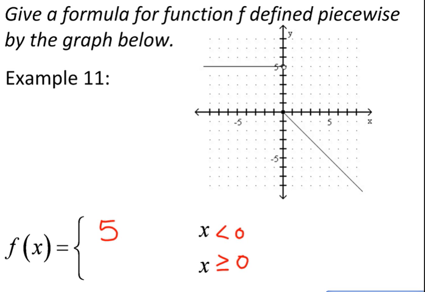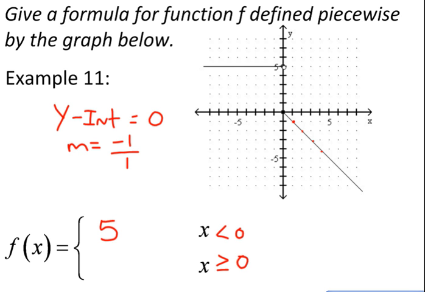We know the y-intercept of that next line is 0 because it goes through the origin. And to find the slope, we just have to go down 1 and over 1. We find a point on the line. Down 1 over 1, down 1 over 1. So we have down 1 over 1 is -1 over 1.